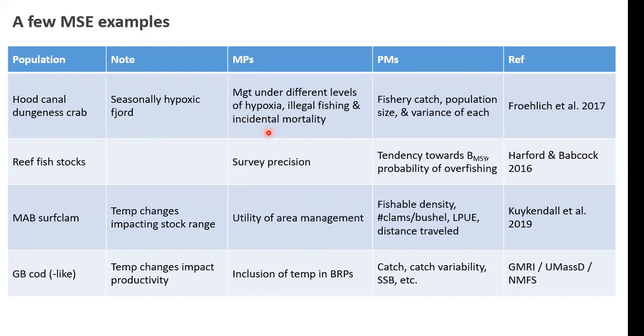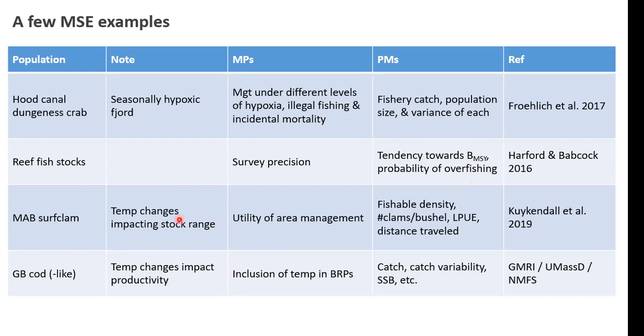The performance metrics were fishery catch, population size, and the variance of those measures. The second one was looking at reef fish stocks, and they were looking at the precision of the surveys used to provide indices of the population abundance. The metrics they were using were how well the populations tended toward BMSY, which would be the state where they would be maximally productive, and also the probability of overfishing.